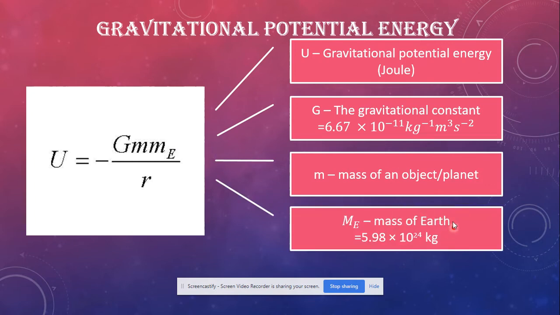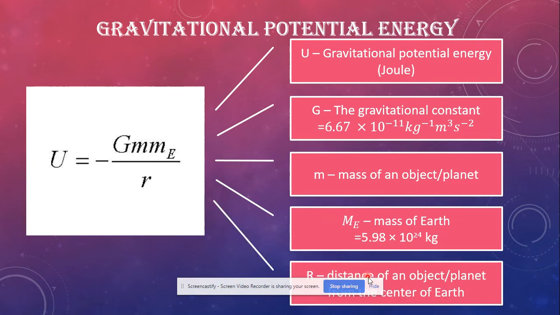ME is the mass of the Earth, a constant with the value of 5.98 times 10 to the power of 24 kilograms. And R is once again the distance of an object or planet from the center of the Earth.